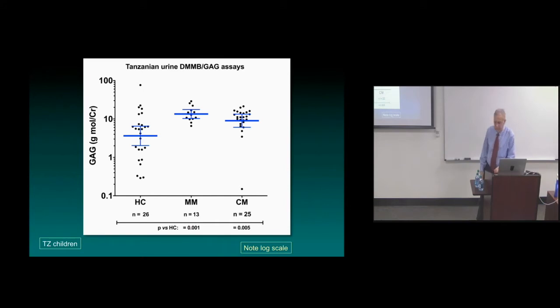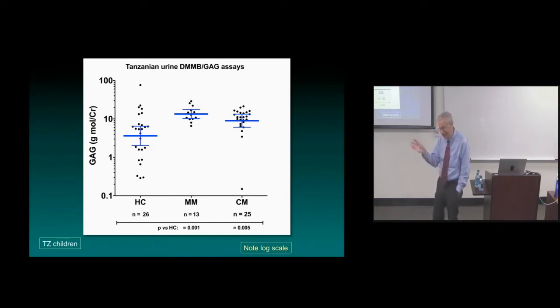And these are some results from the original urines that we collected in 1994 and 95. One of the advantages to these compounds is they're extremely stable. So these were collected from the sick children and well children in 1994 and 95. We saved them, so you got to save all these samples for this research.